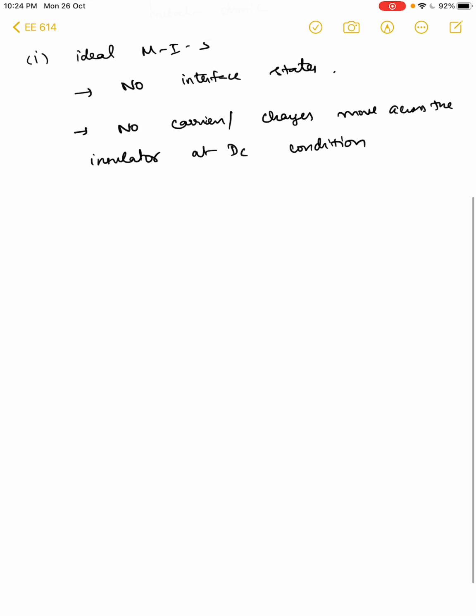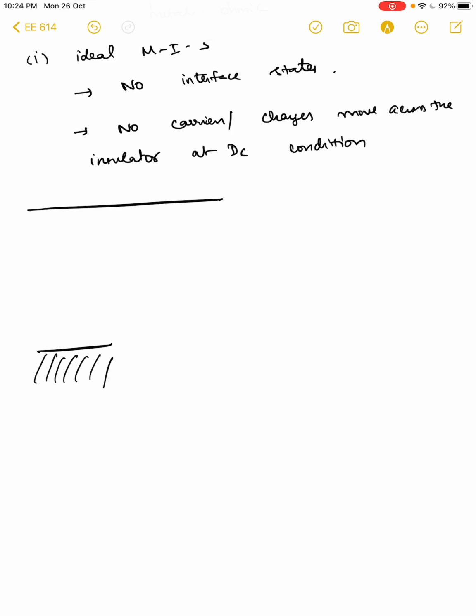We have seen this many times. So we have a vacuum level, we have a metal with a particular work function Q psi m, and we have an insulator with a very large band gap or a small affinity.